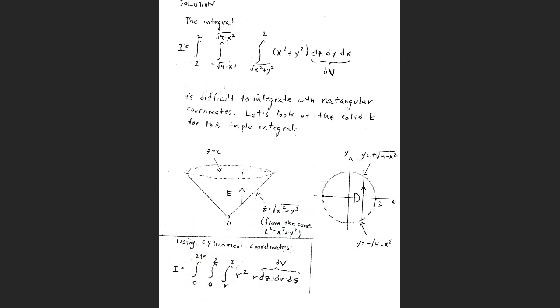All right, well then let's go ahead and work this out. So I'm going to do the iteration. I integrate with respect to z first, so that means the r cubed is treated like a constant, because when you integrate with respect to z, you're holding the other variables, r and theta, like constants.